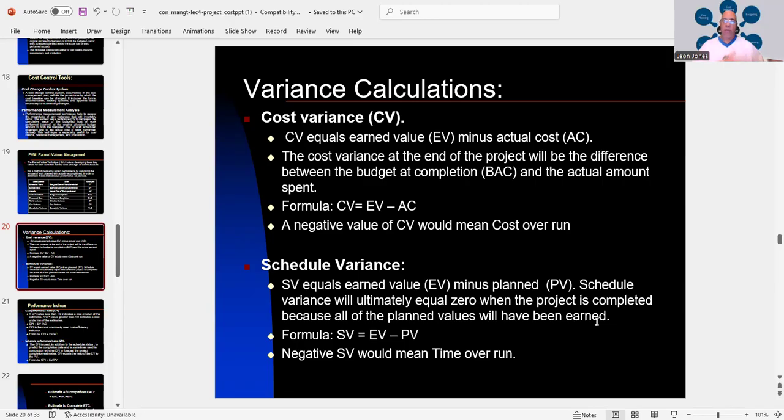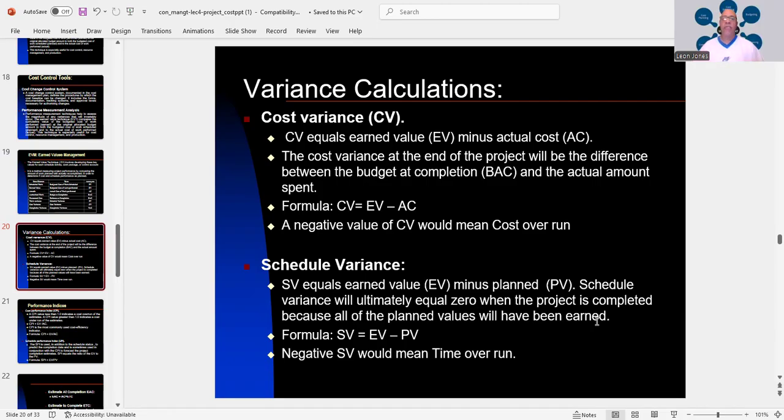Then you have the cost variance at the end of the project, and it will be the difference between the budget at completion and the actual amount spent. So you have your formula. CV equals EV minus AC. Now, the negative value of CV would mean there is a cost overrun.